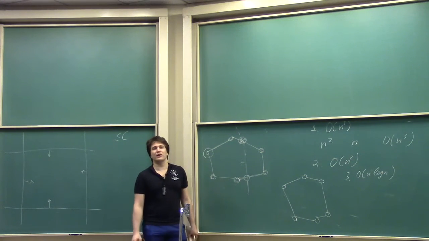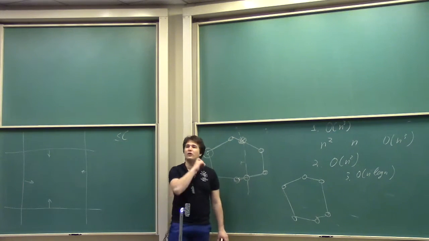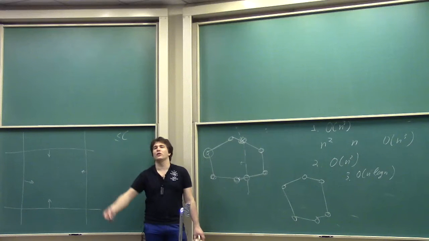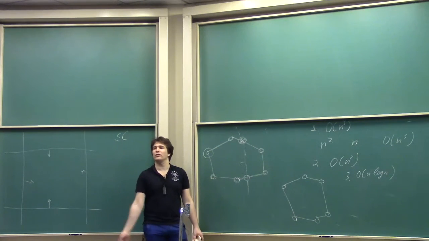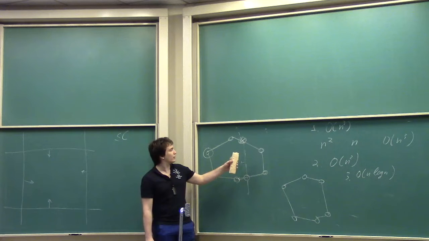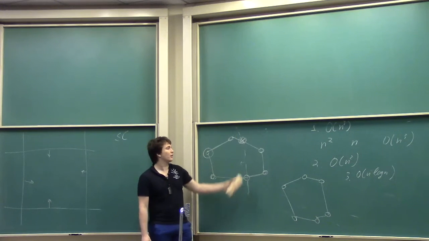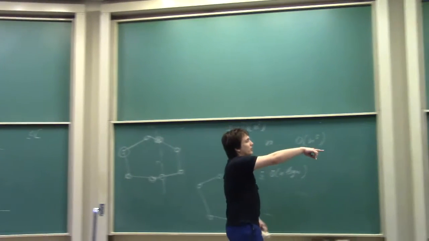Adding two new ones I can do in constant time. Throwing away some part will also work in constant time in total, like linear in total for n vertices. So the only thing I need to do here is find this line fast.